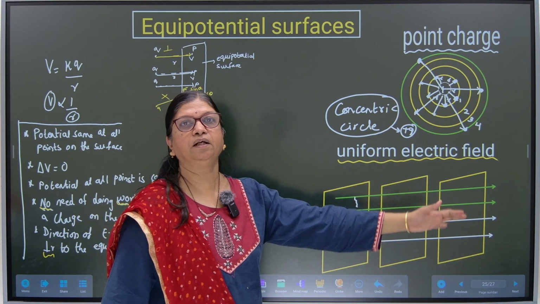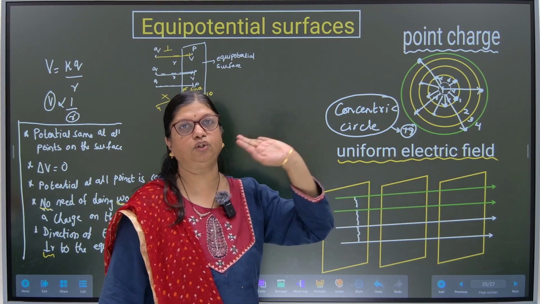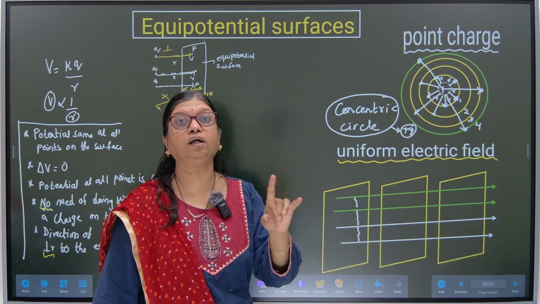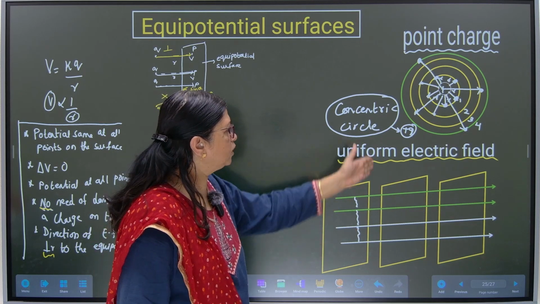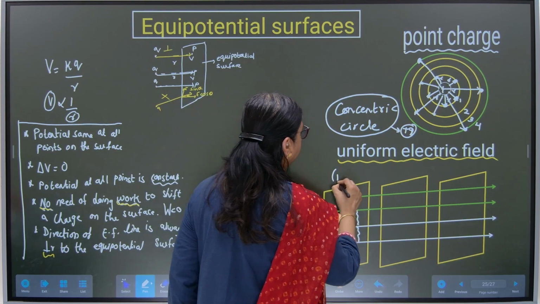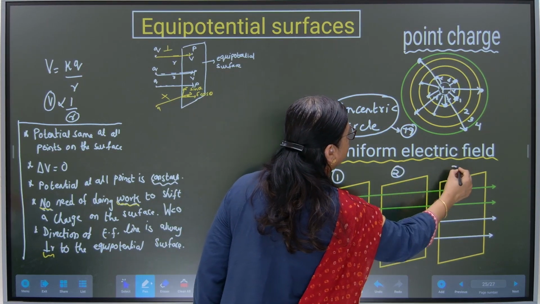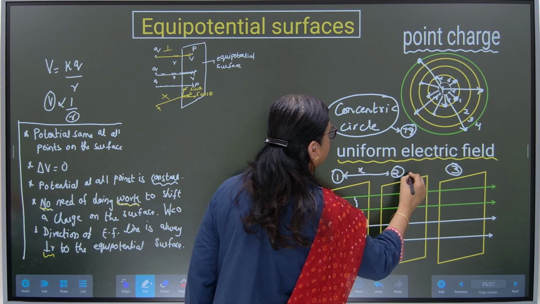Directions are the same. This all indicates that the electric field here is uniform. Now because the electric field is uniform, the equipotential surfaces which we have drawn, 1, 2 and 3, are equidistant.